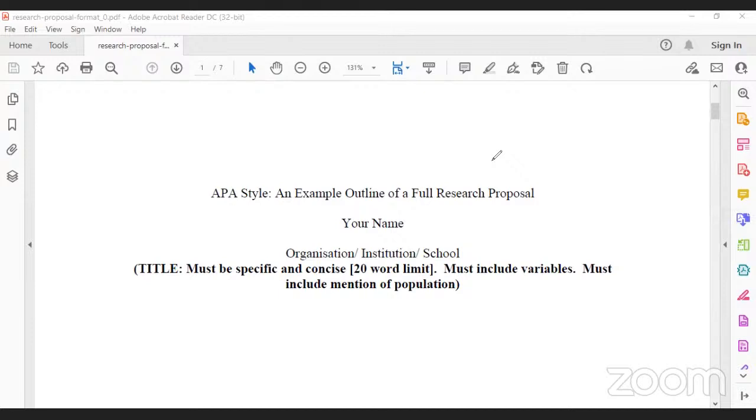So you have to design a title for your research proposal that would summarize your research. It needs to be specific and unambiguous. It should be clear exactly what your plan is and in what context.